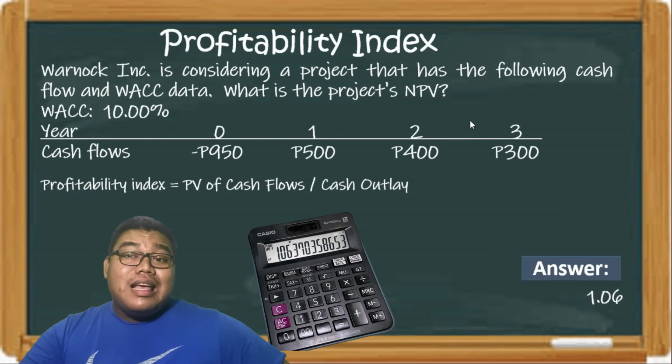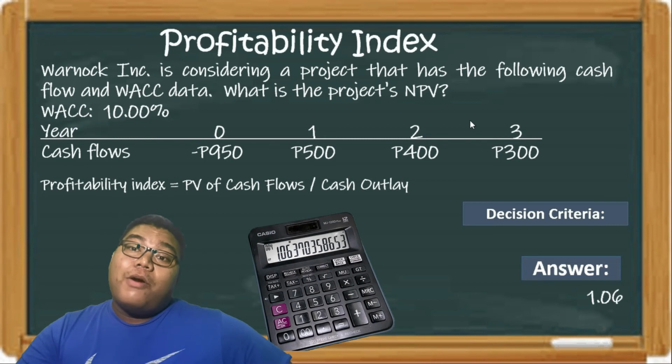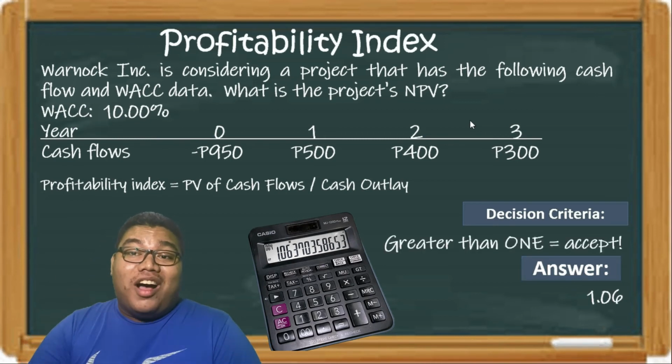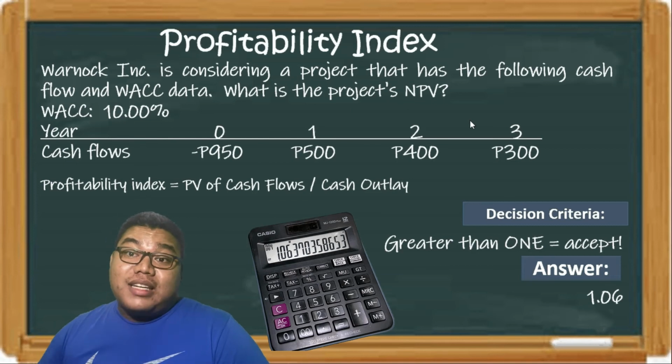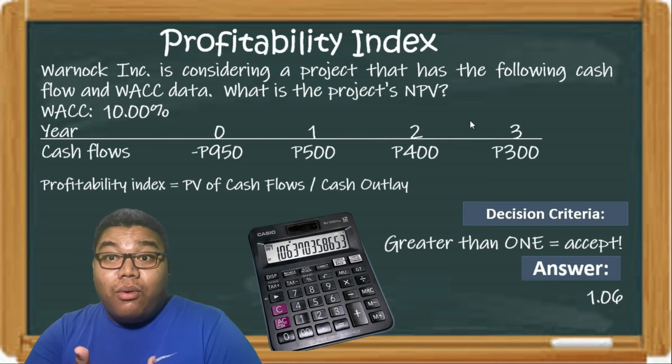So what is the decision criteria for profitability index? As long as it is greater than 1, it is acceptable. Because generally, if the PV of cash flows is equal to cash outlay, then the NPV would be 0.